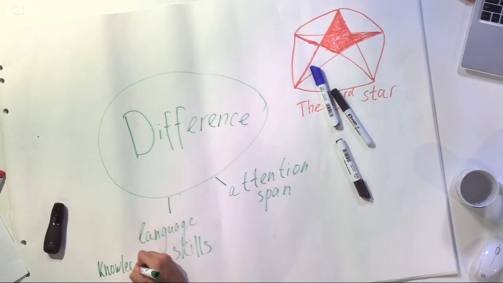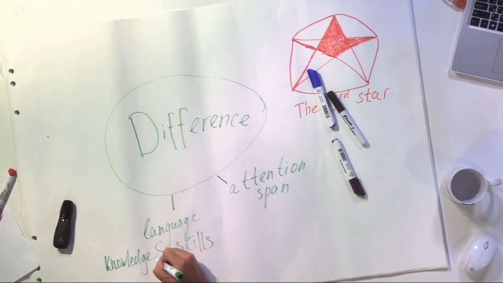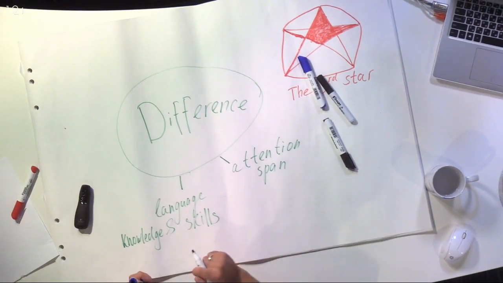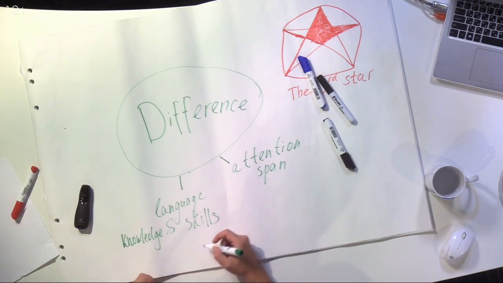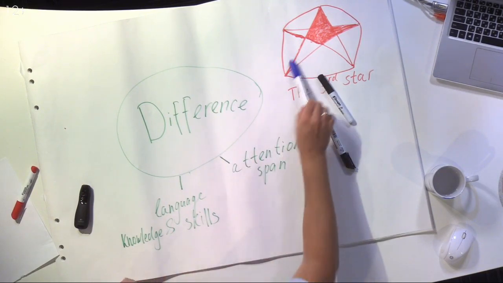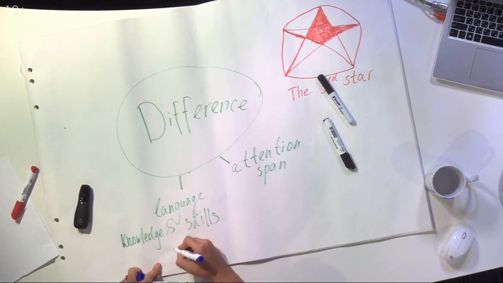Level of knowledge, right? Language, let's put it into language knowledge and skills. Different levels. Yeah, language knowledge and skills. In other words, different language levels.